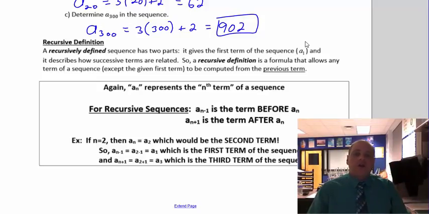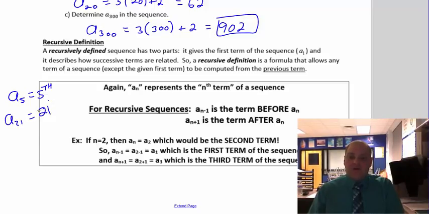Okay, so some things you've got to know before you get into a recursive sequence. a sub n represents the nth term, so it's the same as before. A5 is the 5th term. A21 is the 21st term.